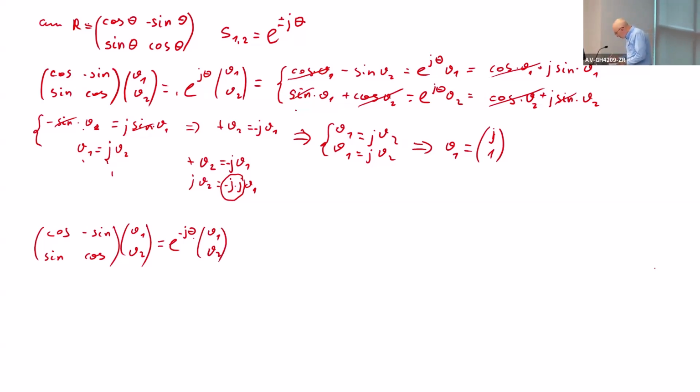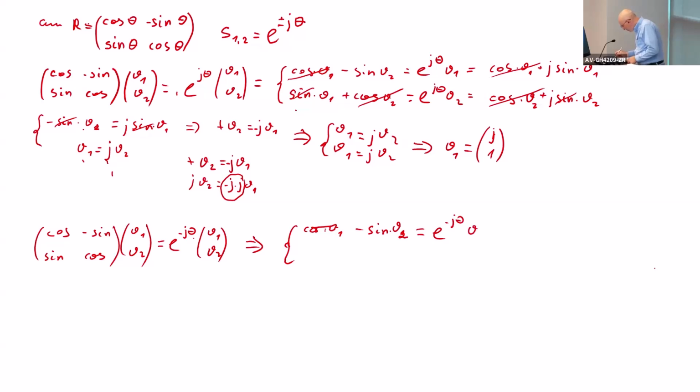So you get the same system of equations: cosine times v1 minus sine times v2 equals exponent minus j theta times v1. And then sine times v1 plus cosine times v2 equals the same exponent times v2.